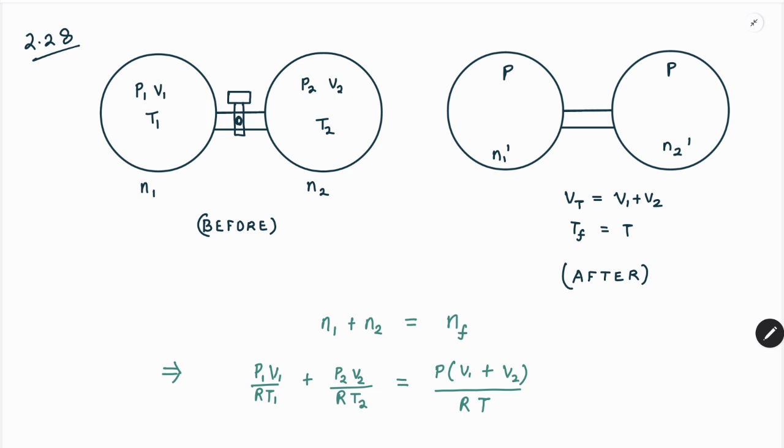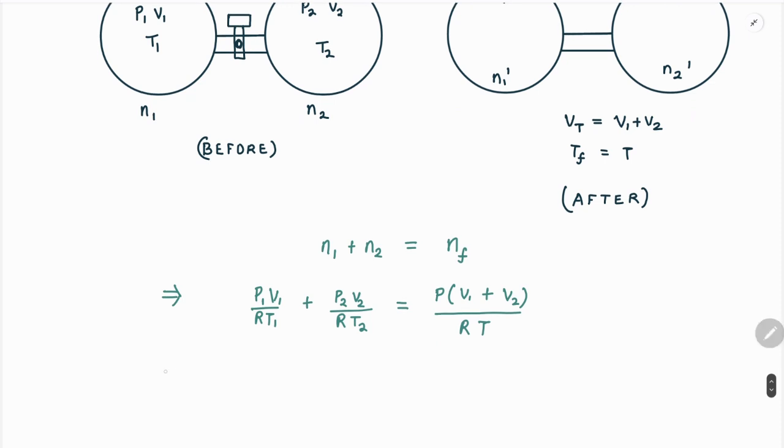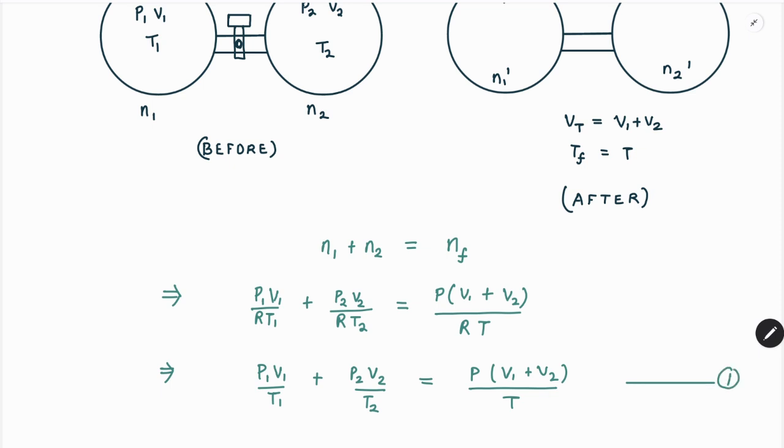If we remove R, which is common in both the LHS and RHS, we get P1 V1 by T1 plus P2 V2 by T2 is equal to P (V1 plus V2) by T, and this we are referring to as equation number 1.